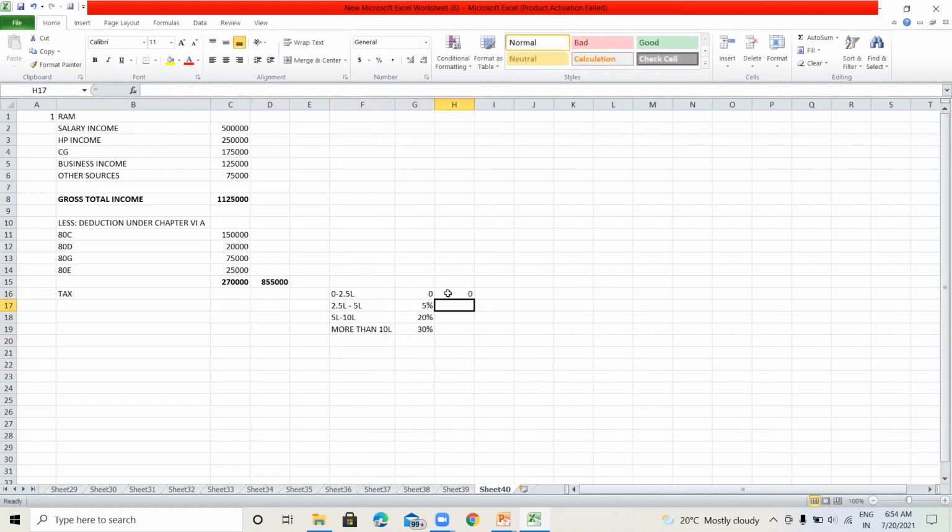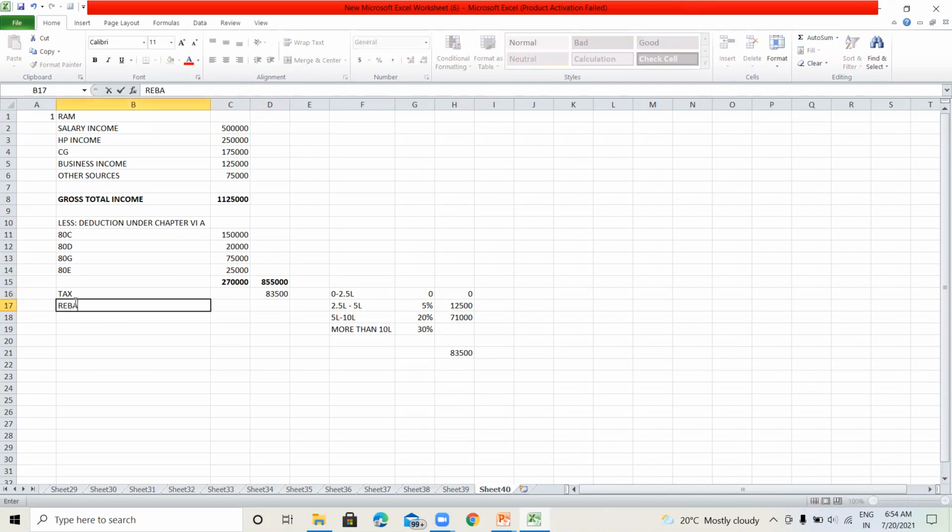So in this case, it will be 12,500 for the first slab, and the income is more than 5 lakh, so 8,55,000 minus 5 lakh into 20%. So the tax will be 83,500.